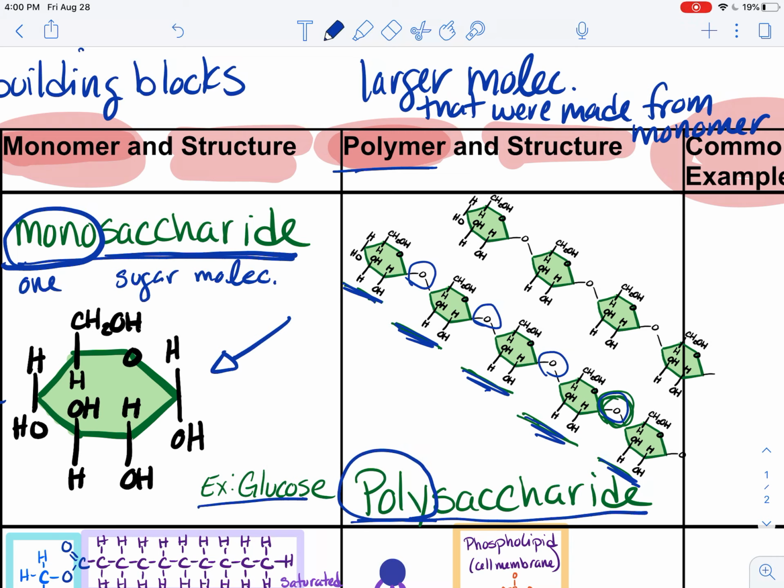And so these long chains that we form are called polysaccharides. And you can have lots of different polysaccharides. So starches are a polysaccharide, cellulose is a polysaccharide, and these chains can be tens of saccharides long, they can be hundreds of saccharides long, they can be thousands of saccharides long.